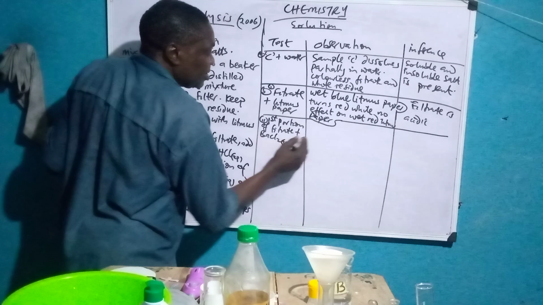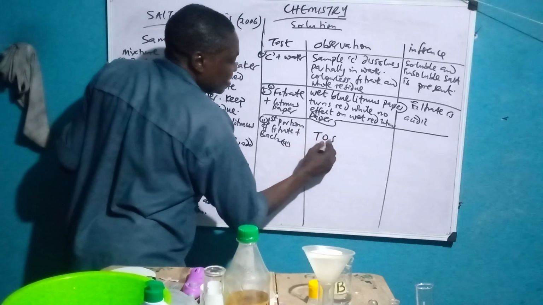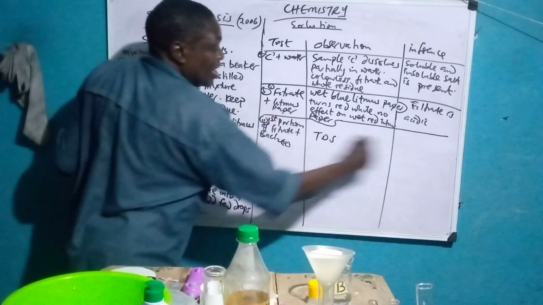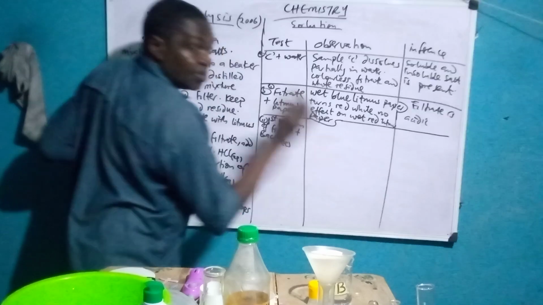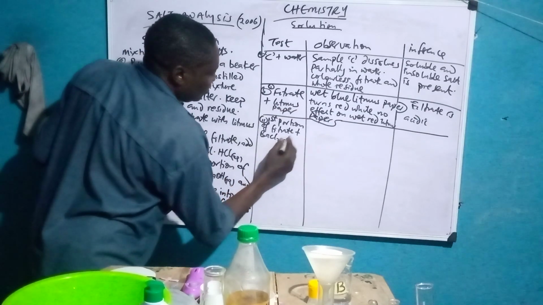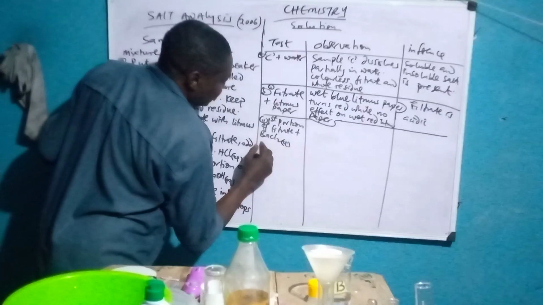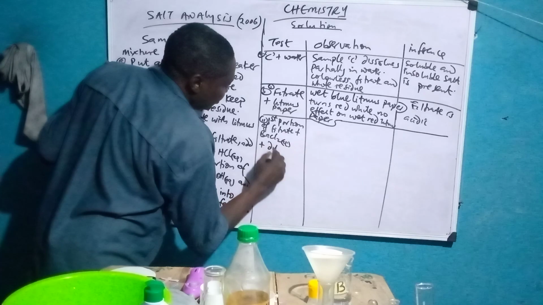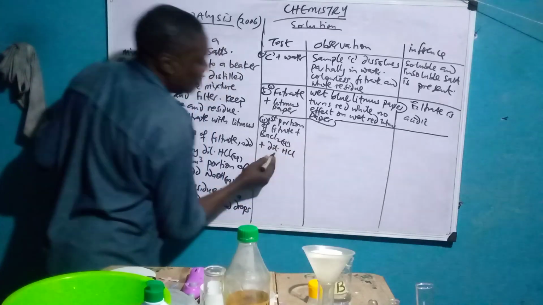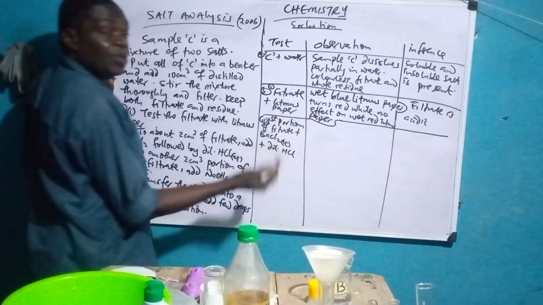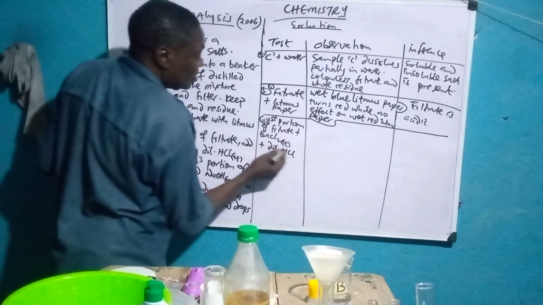If you don't put aqueous, they write for you TOS, test on solid, and everything in that column is 0. So don't miss it. Plus barium chloride, then plus dilute HCl. Since you have put dilute here, you don't need to put aqueous, although some students still put it, which is okay. But dilute stands for aqueous.